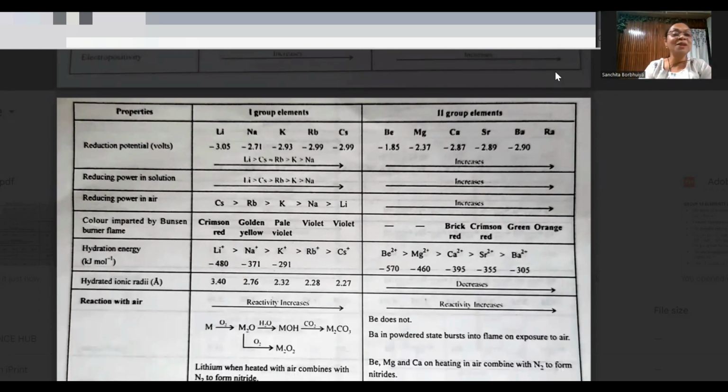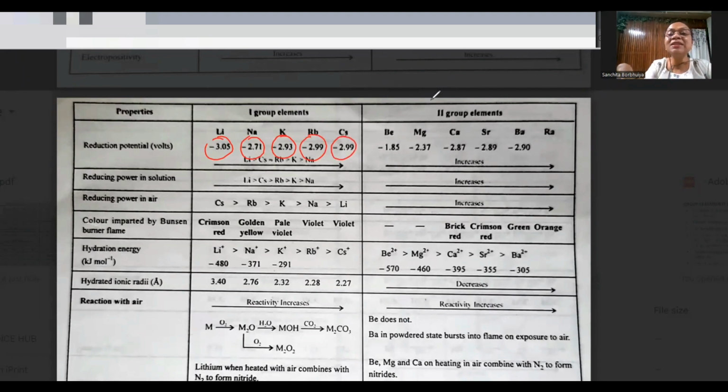Now let us go to the reduction potentials, which we have listed in volts. If you see the reduction potential, lithium has the most negative reduction potential. Then it is 2.71 negative, 2.93 negative, 2.99, and 2.9.